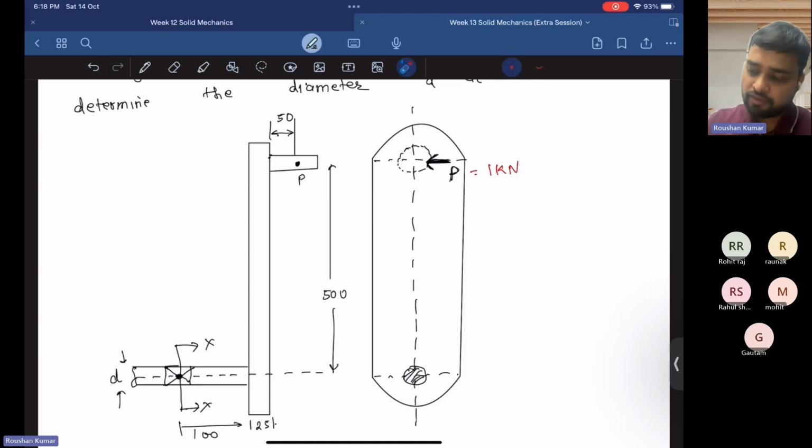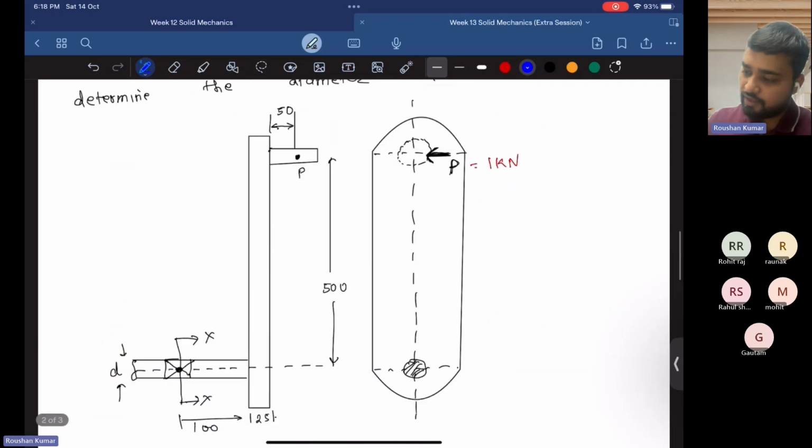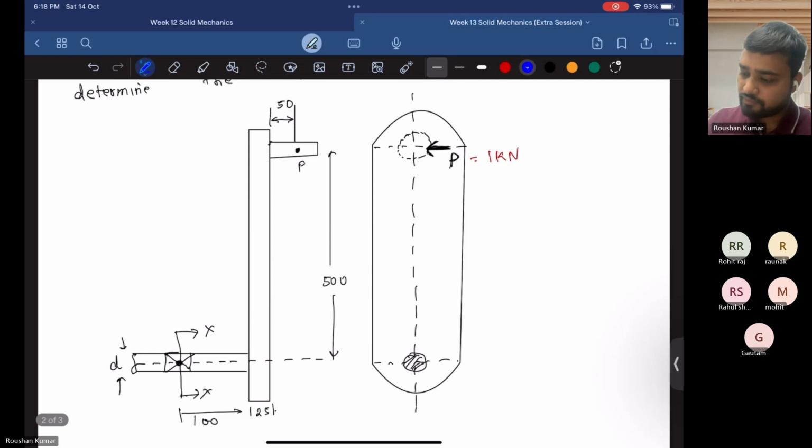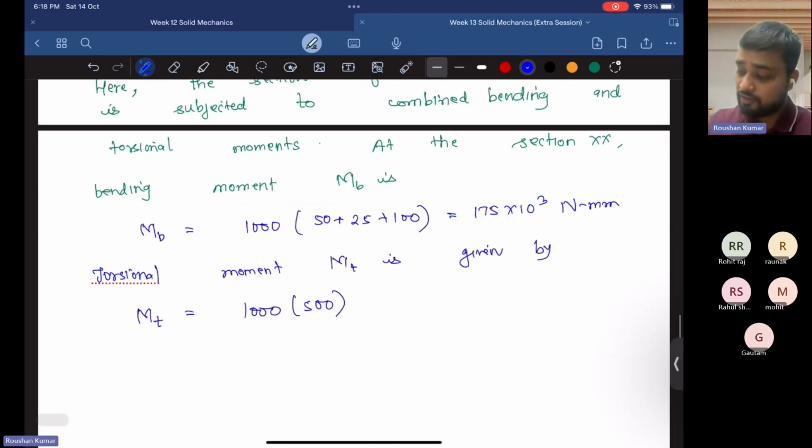The torque is given by P into that distance, that is 500. So that is 1000 into 500, which is equal to 500 into 10 to the power 3 Newton mm. Now using that moment and torque, we will calculate the value of bending stress and torsional stress.